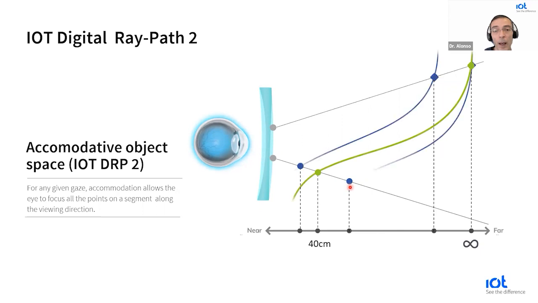So what we are going to consider in digital ray path 2 is not just this green surface, but the whole volume formed by all these segments as we consider them through all the gaze directions. This blue region is what we call the accommodative object space, and all the points inside it are considered when a lens is optimized within the digital ray path 2 environment.